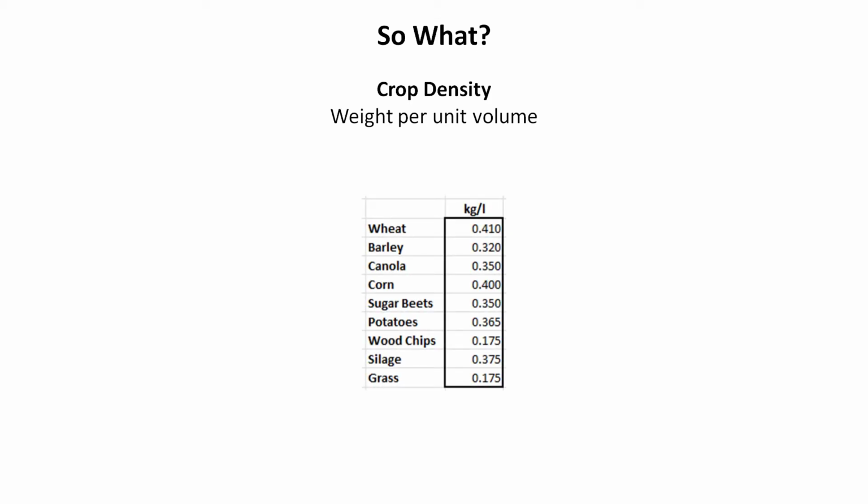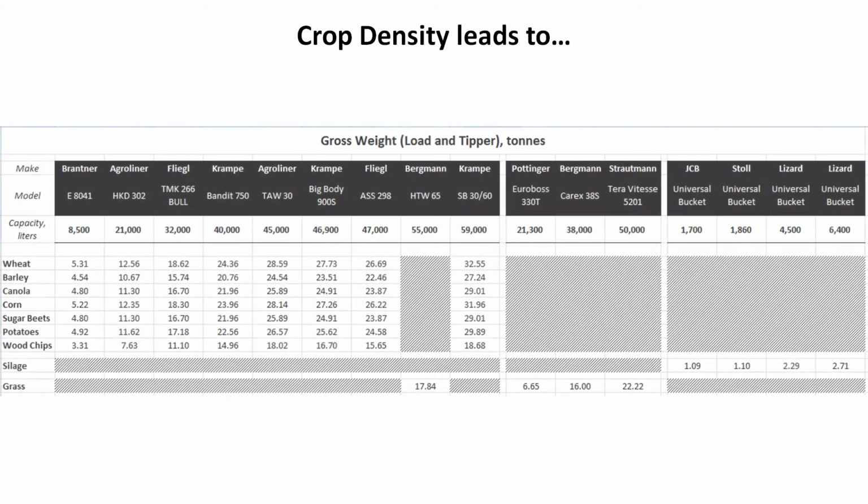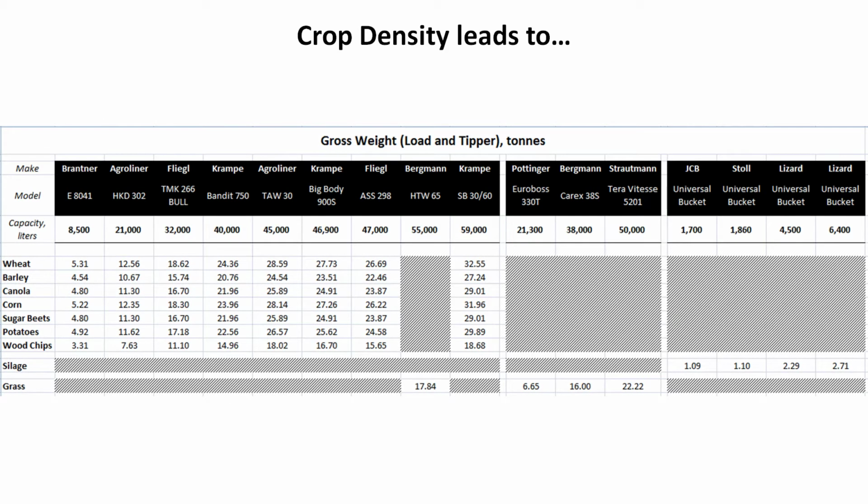So what does this all mean? Crop density is the weight per unit volume. Now we have this handy chart. Wheat is 0.41 kilograms per liter, corn 0.4 kilograms per liter. What does this give us? Why am I looking at this chart? Crop density leads to, look at this.